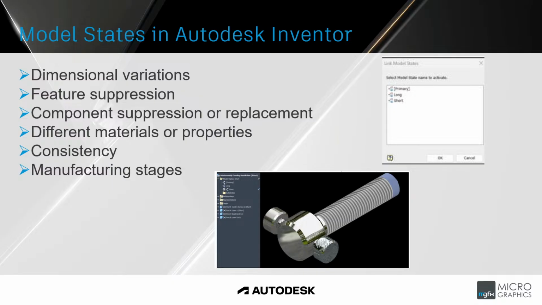Simplified representations, for instance, creating a lightweight version of the assembly for documentation or even simulation. Your BOM management, where you can define separate bill of materials entries for each model state. Drawing automation, where you can link drawing views to specific model states for accurate documentation.